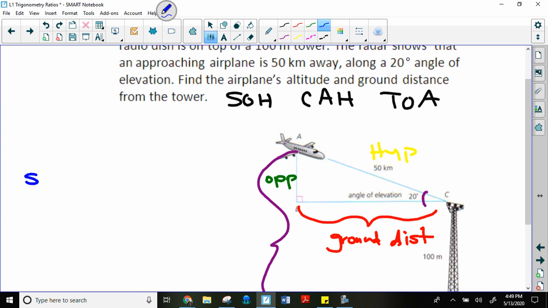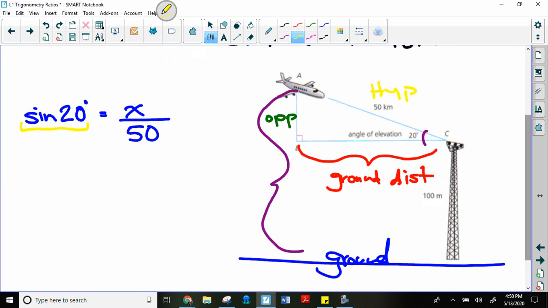So I'm going to say sine of the angle, which we know is 20 degrees, is the opposite side, which I don't know, over the hypotenuse. I can do math here. Let's go four decimal places. Sine of 20 is 0.3420. So 0.3420 equals x over 50.